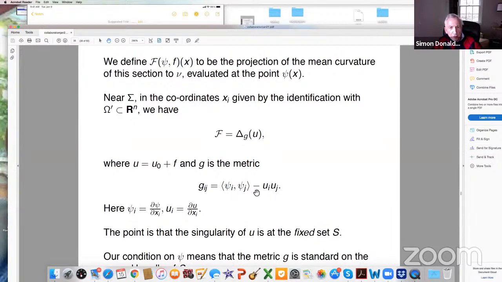So psi_i and psi_j, and u_i, represent the derivatives of psi and u. psi_i is a vector valued function, and this denotes the usual Euclidean inner product in Rn.